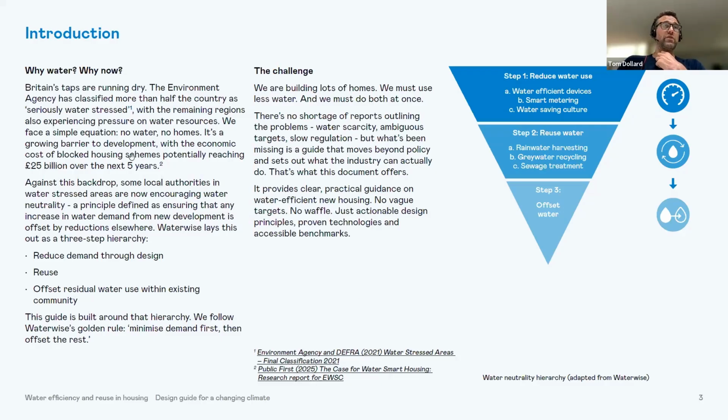I was really interested to see in the latest consultation that came out yesterday that government have referred to this piece of research around the cost of blocked housing schemes. We think that's so important, because this is really a barrier to development. It's not just an environmental question; it's a barrier to social and economic development.